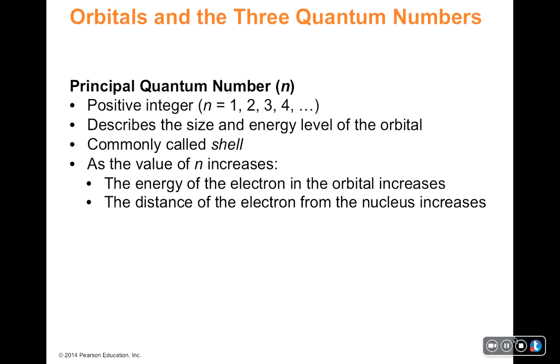They're also commonly called shells, and as I said, as the value of n increases, the energy of the electron increases. Also, the distance of the electron from the nucleus increases. These things are one and the same, so the further that you get from the nucleus, the higher the energy of that associated electron would be.